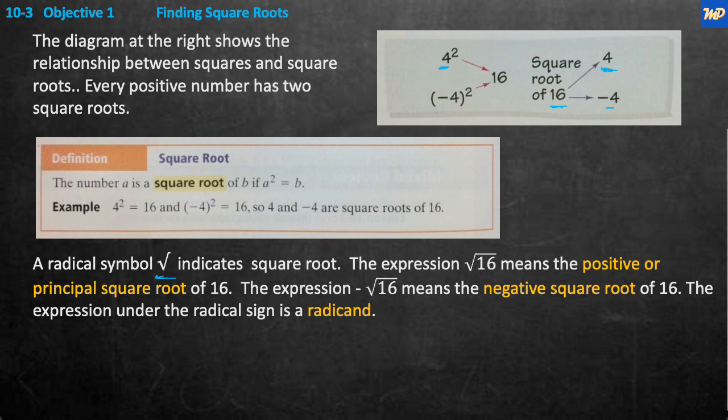The expression under the radical sign is the radicand. We know that. And also pay attention here. When we're talking about negative square root, the negative sign is outside of the radical symbol. It's not under the radical. The negative is not inside, it's outside the radical symbol. Okay?